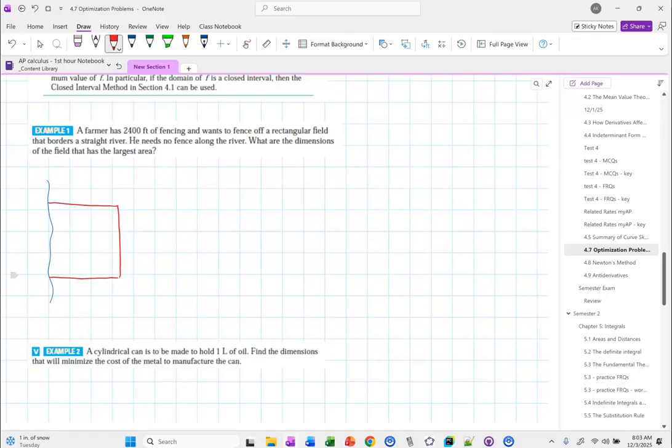So let's identify that we're looking to maximize area, right? And let's give some dimensions to this fence here. Since it's a rectangle, the dimensions I would name this should be length and width.